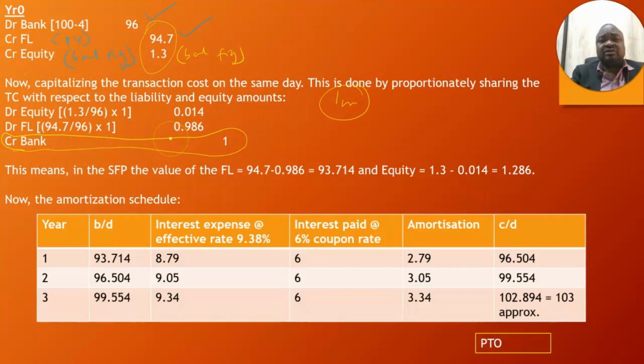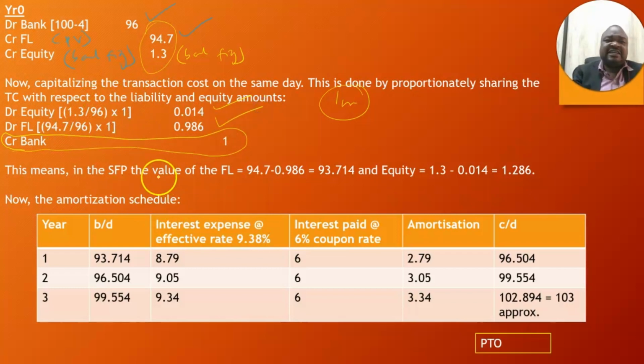So how do we do the splitting? We just do it around their ratio, right? For the equity, we are using the 1.3 over 96 multiplied by 1 million, and we get that one. Then for the financial liability, we also do the 94.7 over 96 multiplied by 1 million, and we come to that.